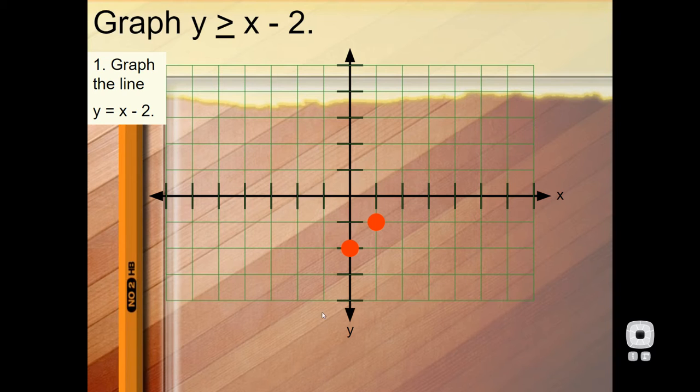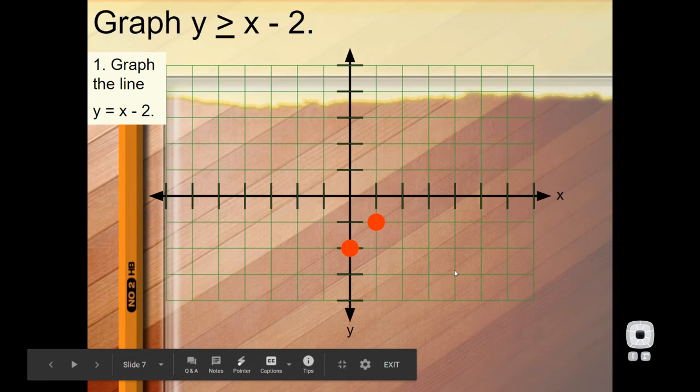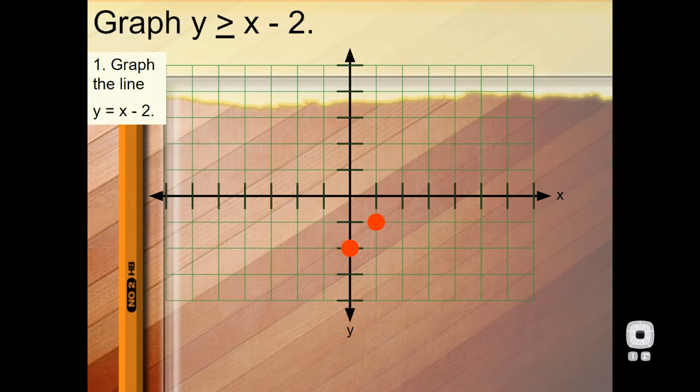I'm going to connect these 2 points with a line, but I've got to know which kind of line to use. So my question is, which line? Solid or dotted?